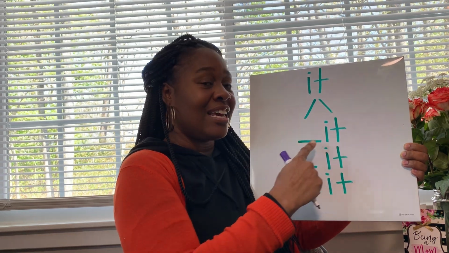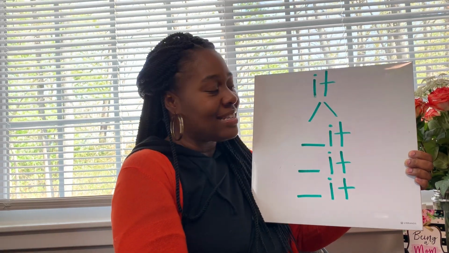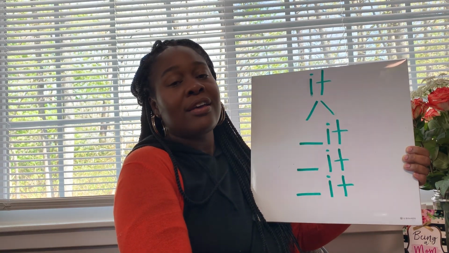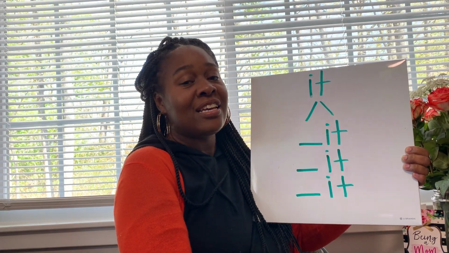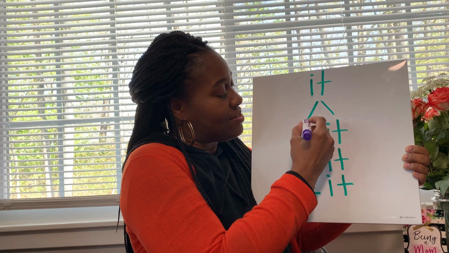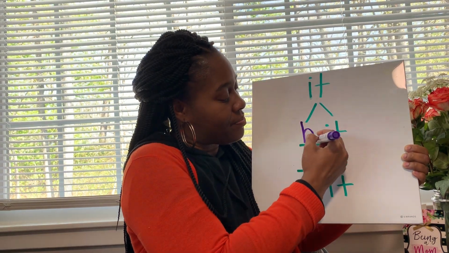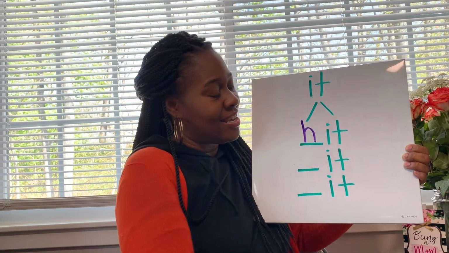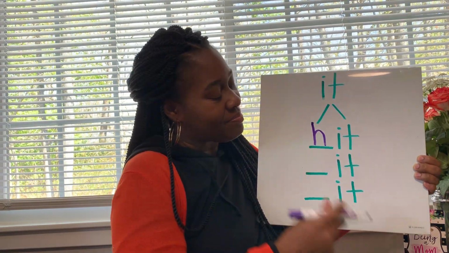What do you do with the ball with the baseball bat? Hit. Fantastic. Now, what sound says h as in hit? H. So I'm going to put my H here. So it, hit.